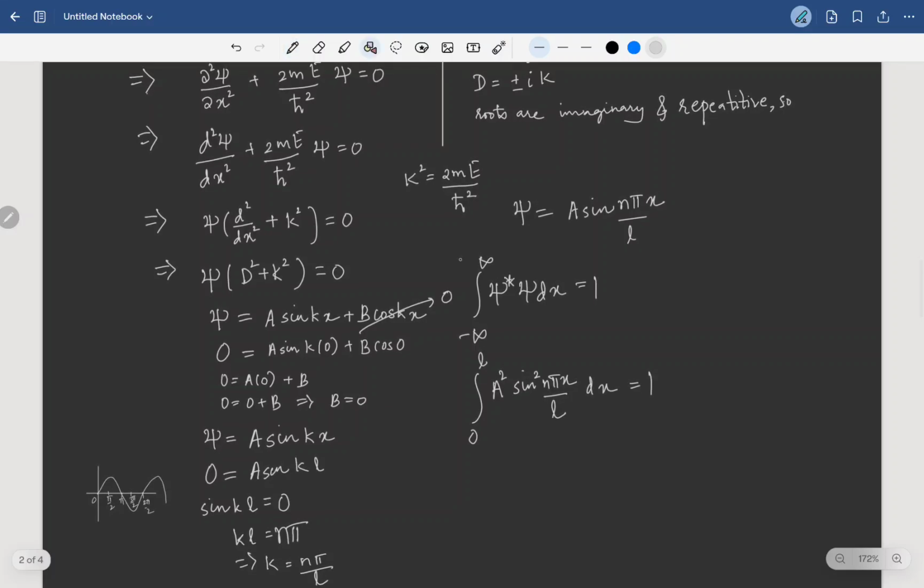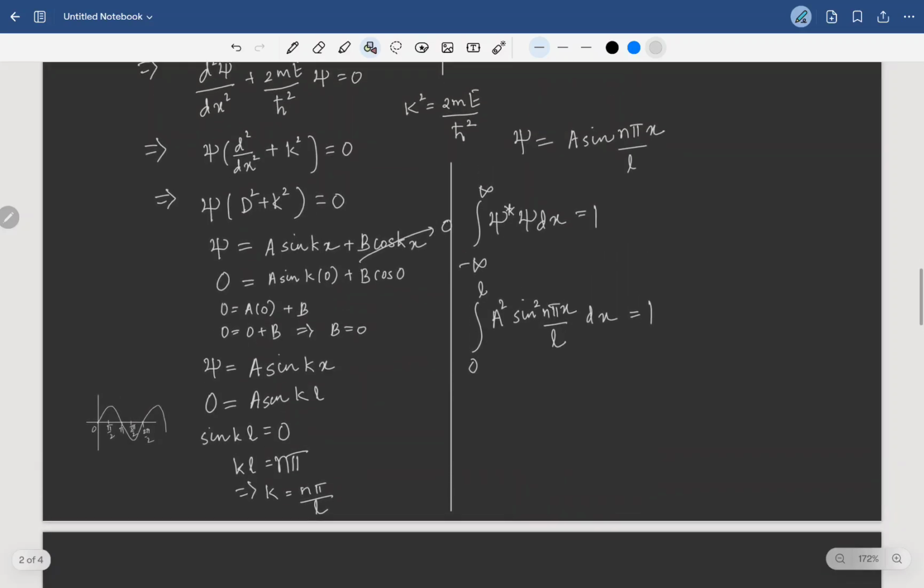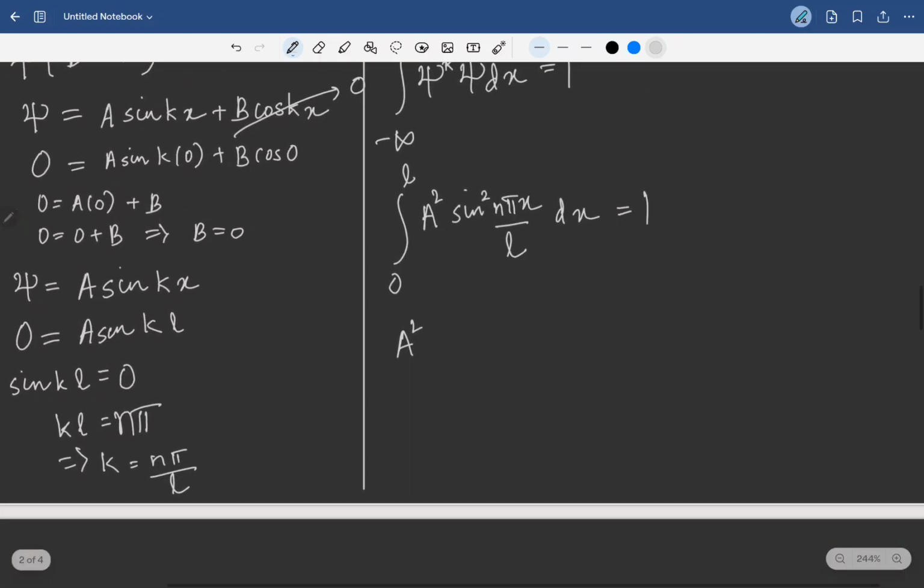Let's put a line here first of all. What happens? A squared into the integral of sine squared n pi x by L into dx from 0 to L is equal to 1.